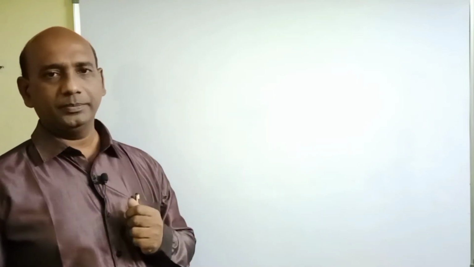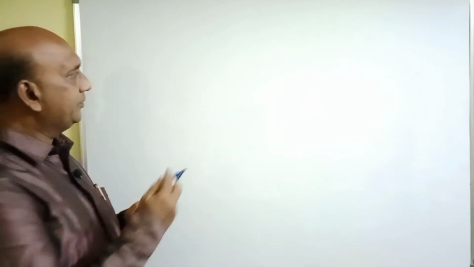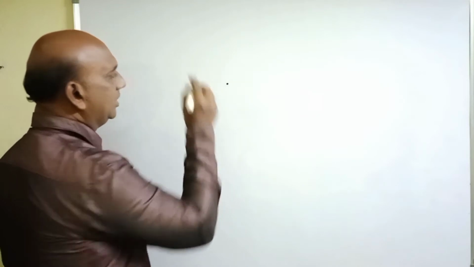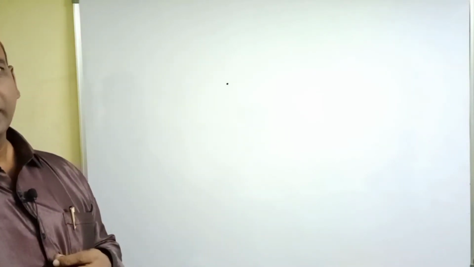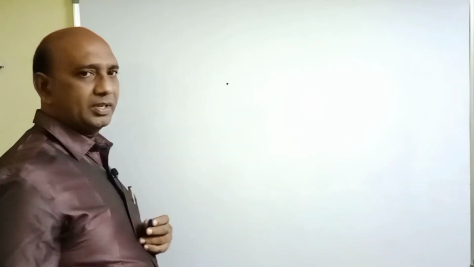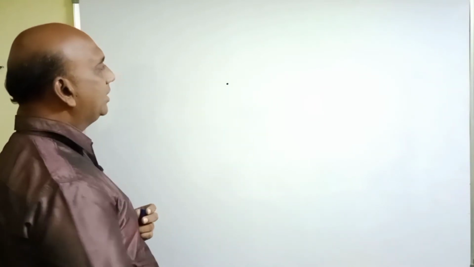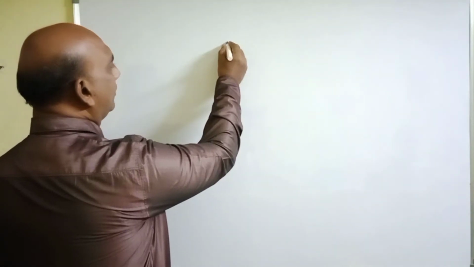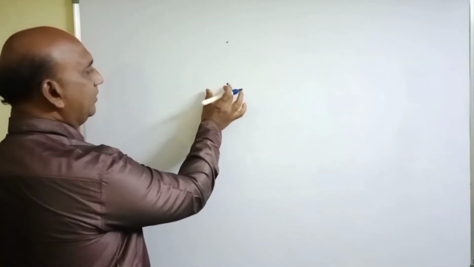So students, here first of all, let us see the definition of a circle. See here, this is a point. From this point at a fixed distance, here I will take another point at a distance of 3 centimeters from this point.